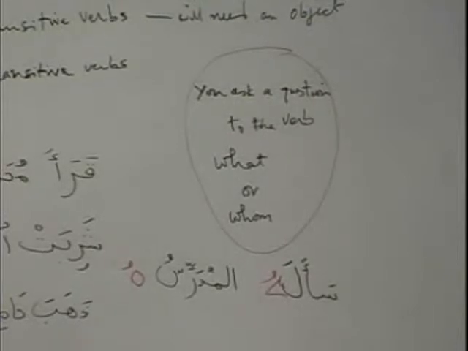I say sa'alahum al-mudarrisu. The teacher asked them. So what is "hum"? Maf'ulun bihi. Then sa'alaha al-mudarrisu. The teacher asked her. I say sa'alahuma al-mudarrisu. Now this is for feminine. So the teacher asked two.